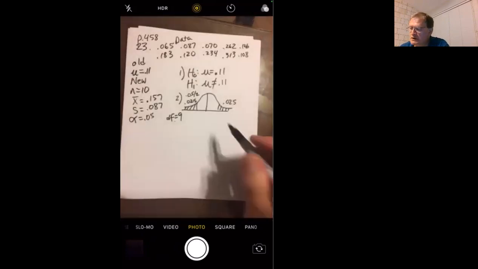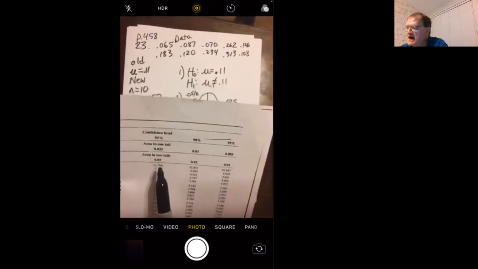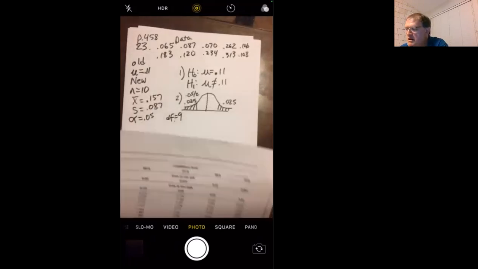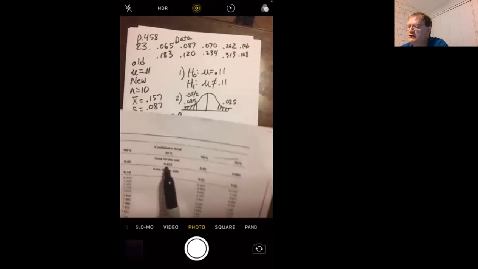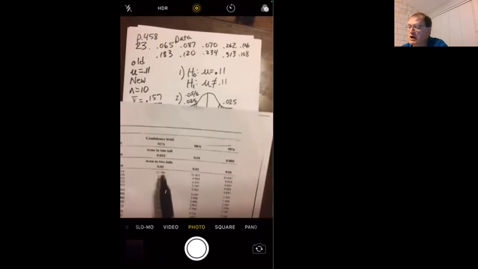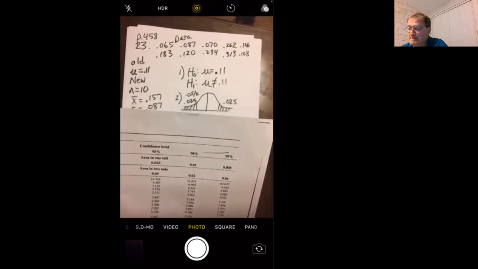Now, you can read this one. Area in 1 tail is 0.025. Area in 2 tails is 0.05. But they both point to this middle column. The area in both tails is 0.05. With degrees of freedom 9.